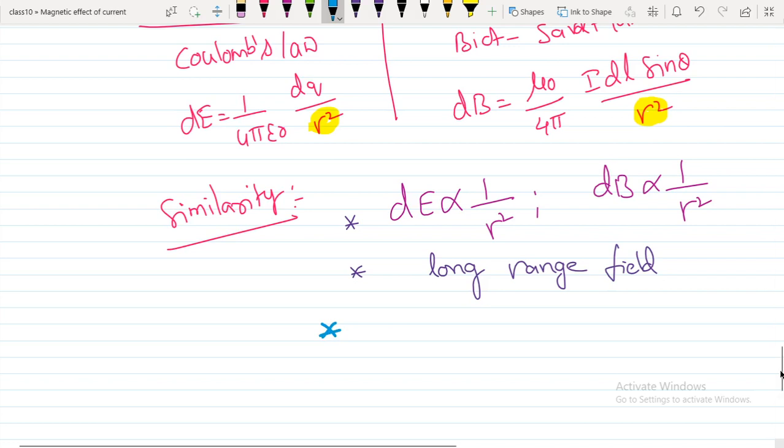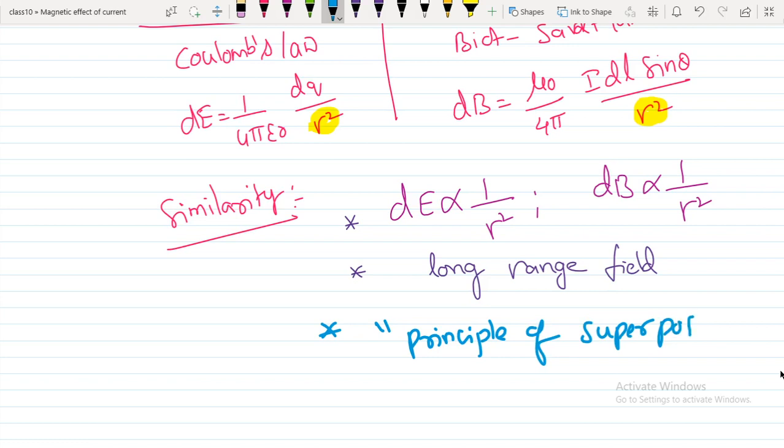And the third similarity, which is very important, is that they both follow the principle of superposition. So these are the noticeable similarities.